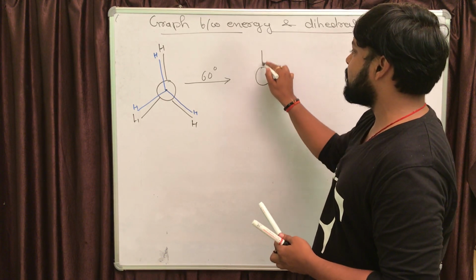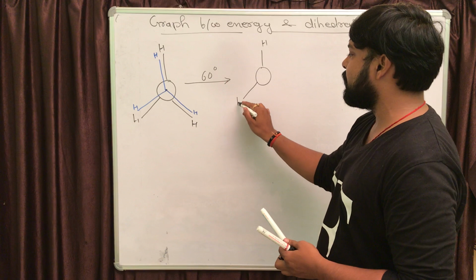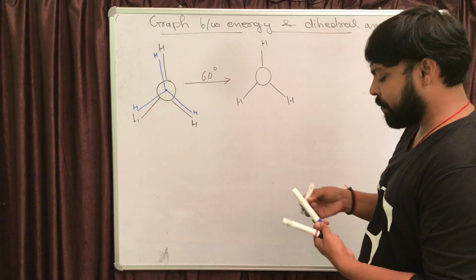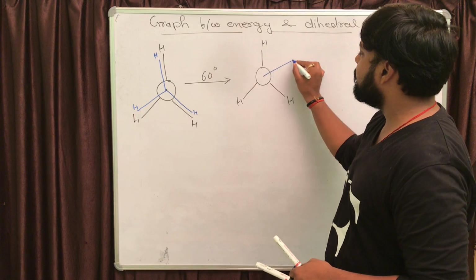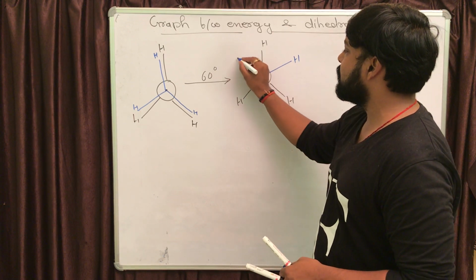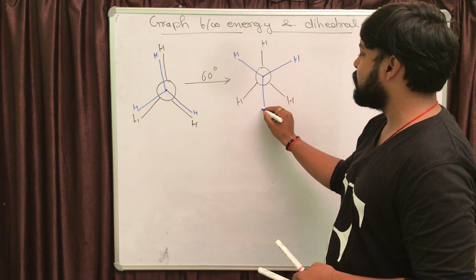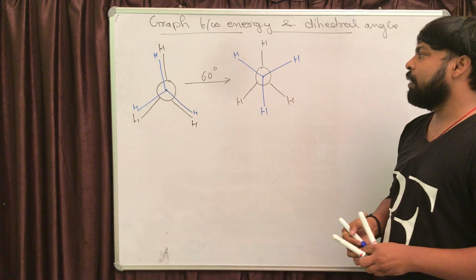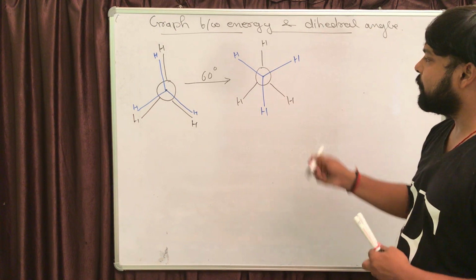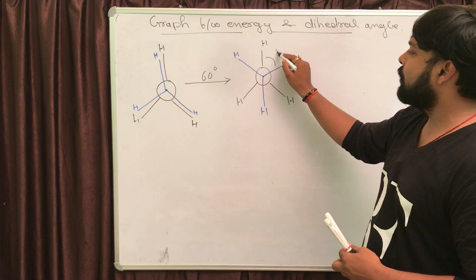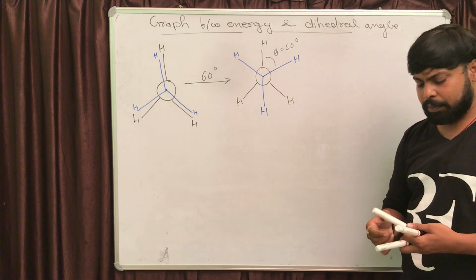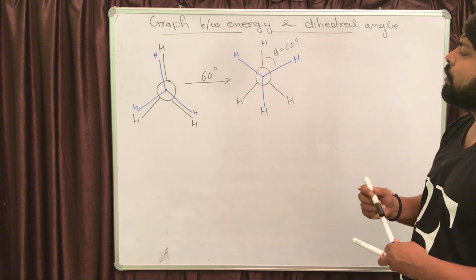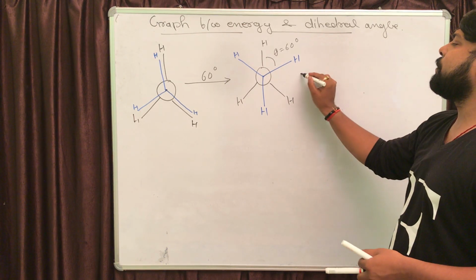If you rotate the back side carbon atom by 60 degrees while holding the front one, there is no change on the front carbon atom, while the back side carbon-hydrogen bond positions are going to change. Here the dihedral angle theta will be 60 degrees. Next, repeat the same process for the obtained structure.